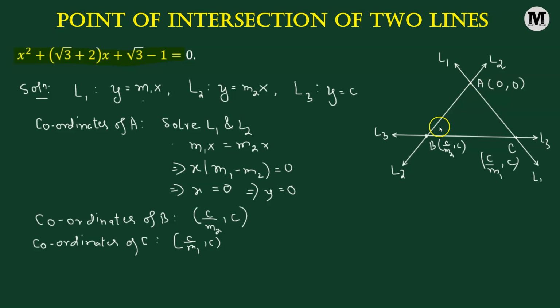Okay, now we have the coordinates of the vertices of the triangle ABC.